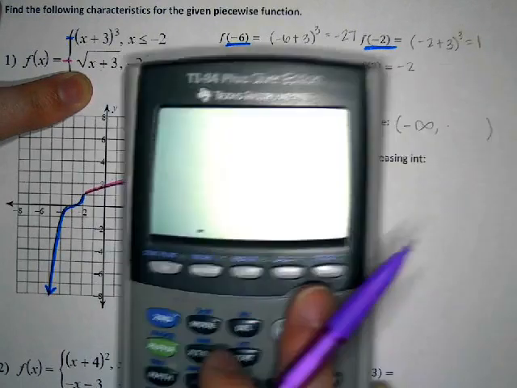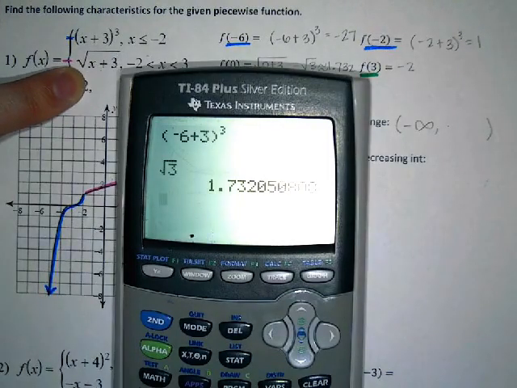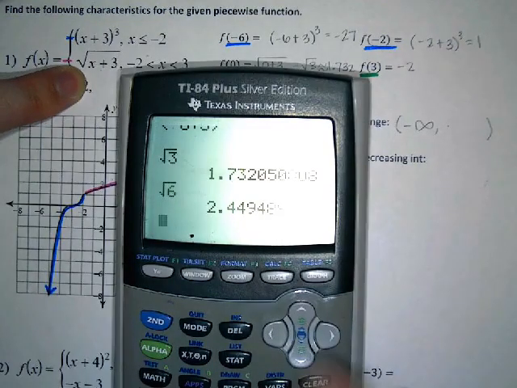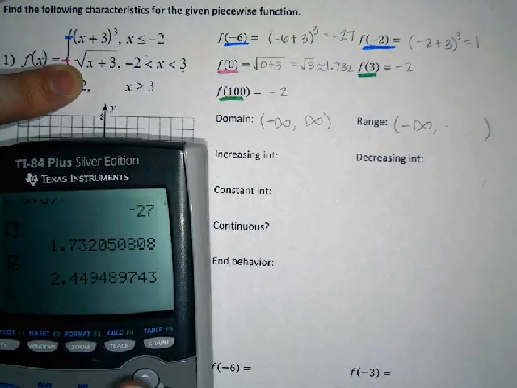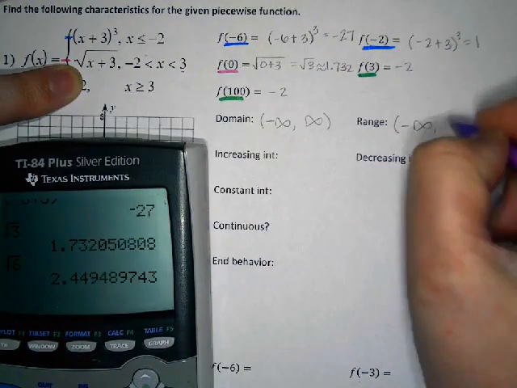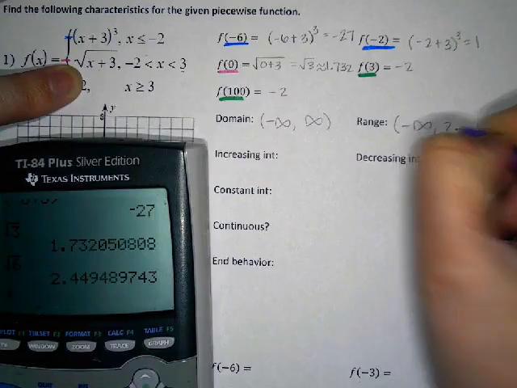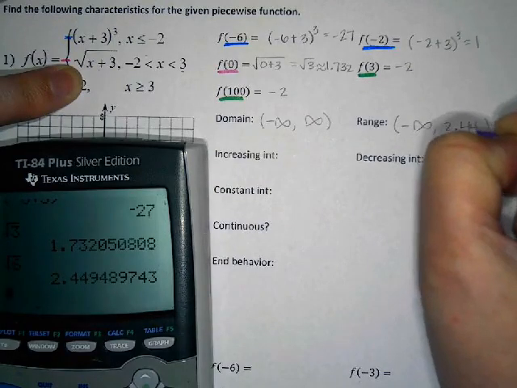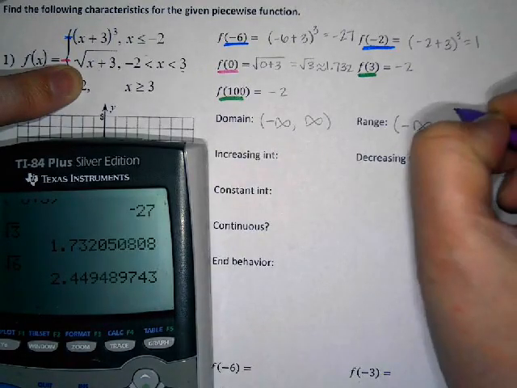So if I plug in an x-coordinate of 3, then I've got the square root of 3 plus 3, which is the square root of 6. So 2.449. If we wanted to be more exact, we could put square root 6 just to be more exact. So you can do 2.449, or you could put square root 6.